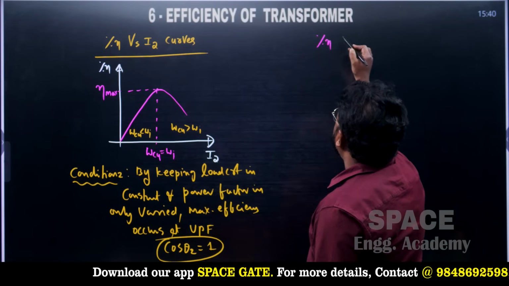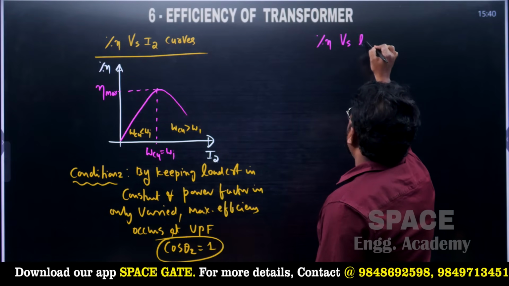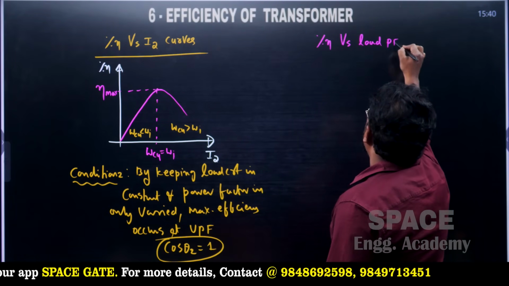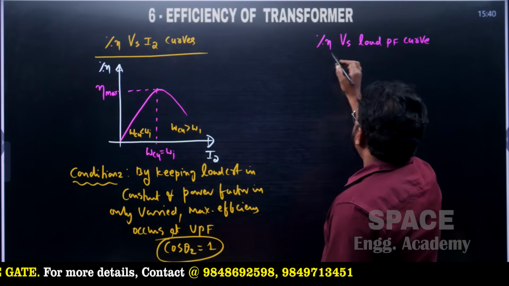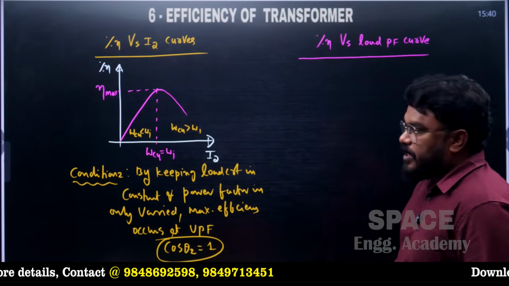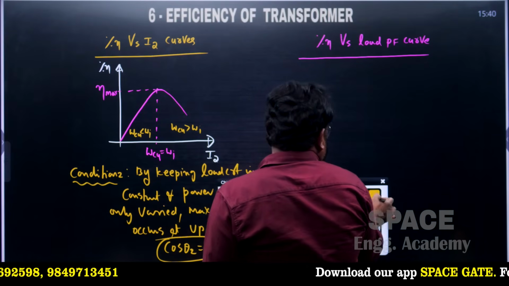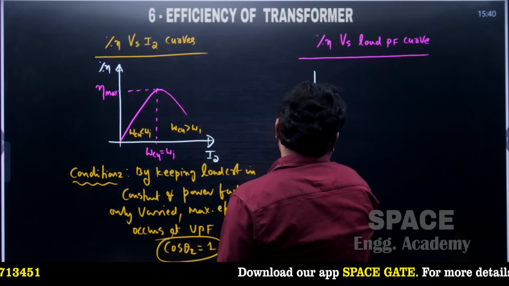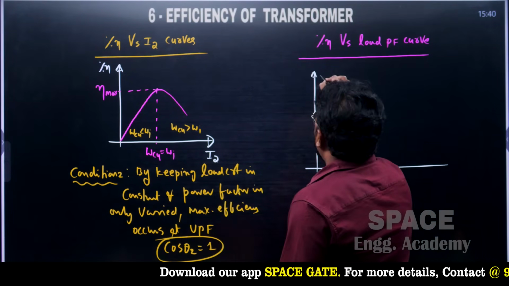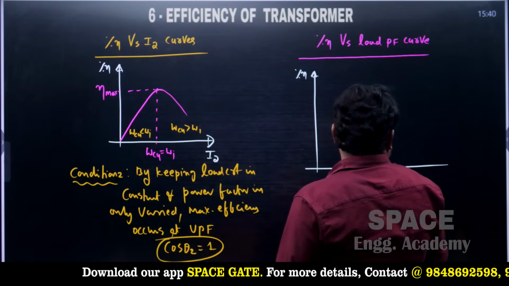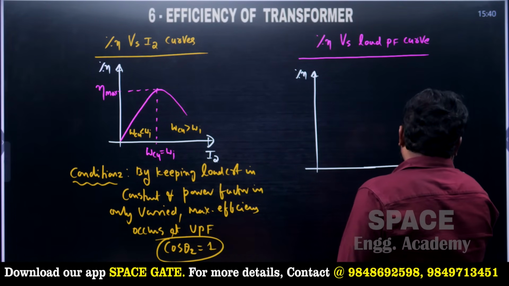సో పర్సెంటేజ్ ఎఫిషియన్సీ వర్సెస్ ద లోడ్ పవర్ ఫ్యాక్టర్ కర్వ్ అనేది సో ఏ విధంగా డ్రా చేస్తాం? And in this case here, let us take percentage efficiency on y axis, and this is the load power factor.